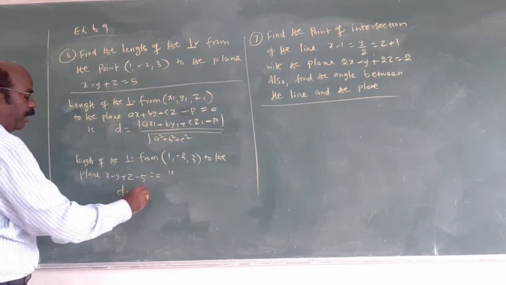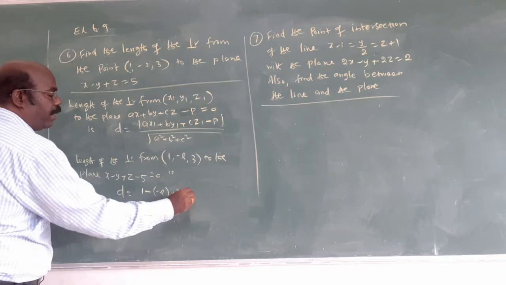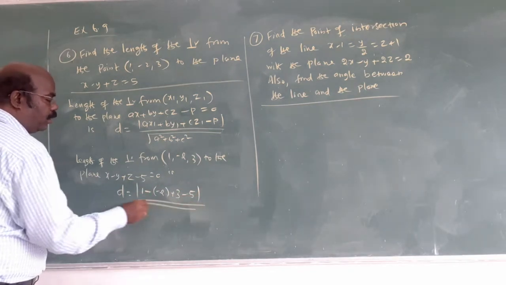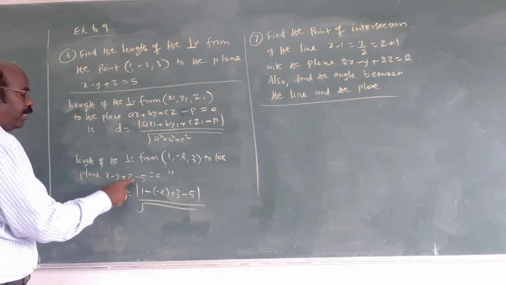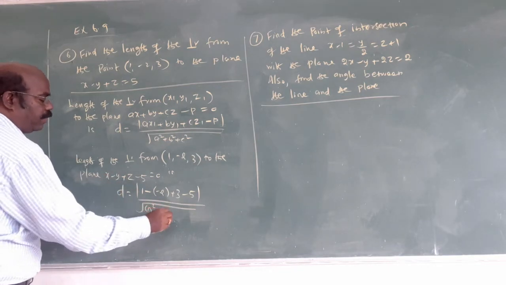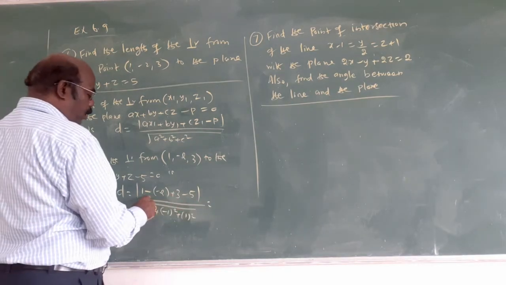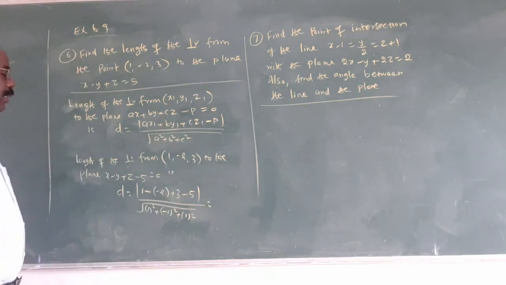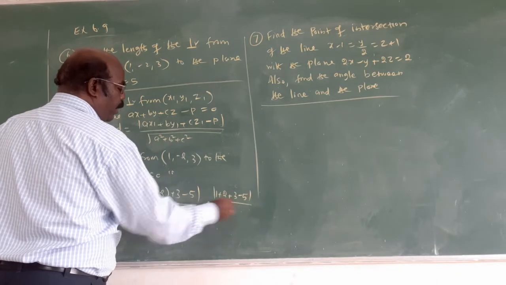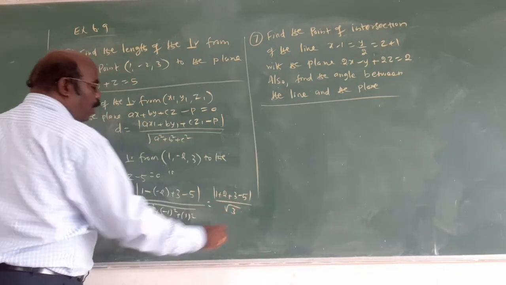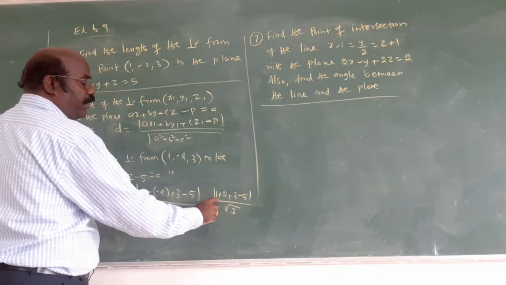Replace x by 1, y by minus 2, z by 3, minus 5, within the modulus, divided by root of the coefficients of x, y, z squared and added. 1 plus 2 plus 3 minus 5 by root of 1 plus 1 plus 1, that is root 3. Adding, we get only 1.